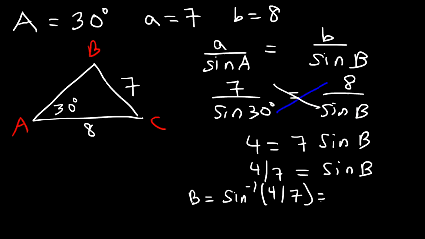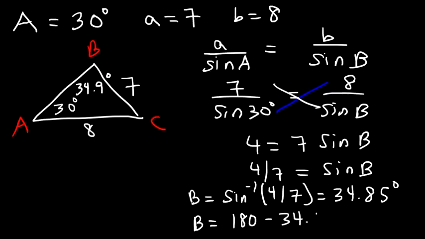And so that's going to give you about 34.85 degrees. So that's angle B. Let's round that to 34.9. Now, we need to see if we could get a second solution, or a second triangle. So we're going to subtract 34.9 from 180.